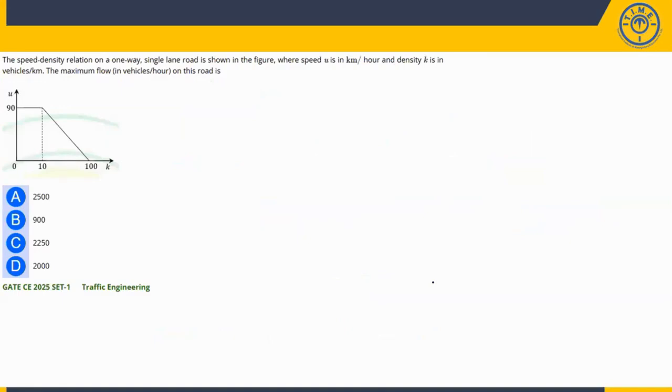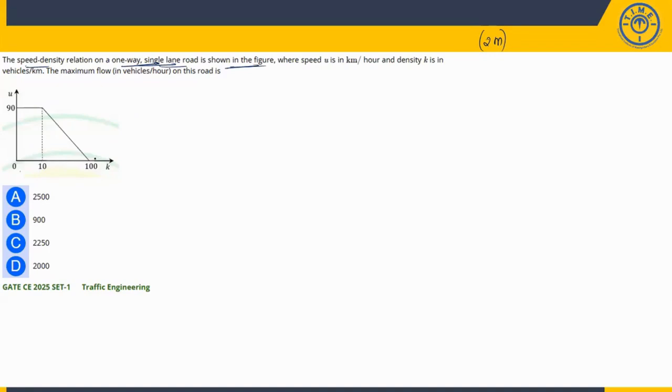This is also a 2 mark question from GATE 2025 set 1. The question states the speed density relation on a one-way single lane road is shown in the figure. See, up to a density of 10 vehicles per kilometer, speed is linear, 90 kilometer per hour.